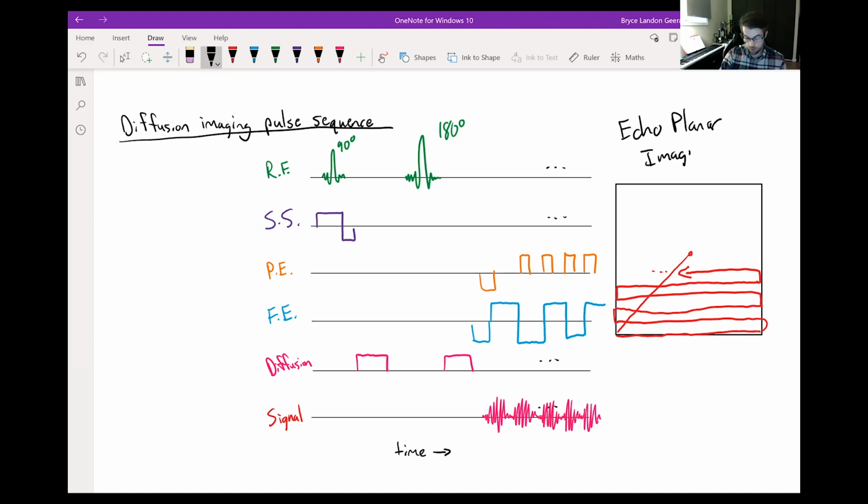This is a really important technique for DTI, fMRI, and ASL, because it's one of the quickest ways of acquiring your whole K-space, the amount of K-space information that you need to reconstruct an entire slice of an MRI image as quickly as possible.